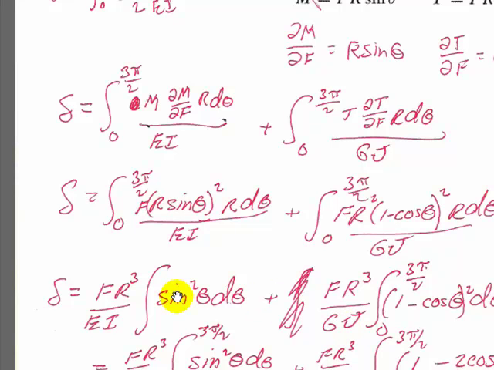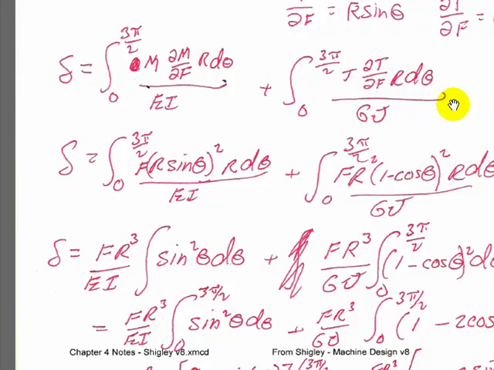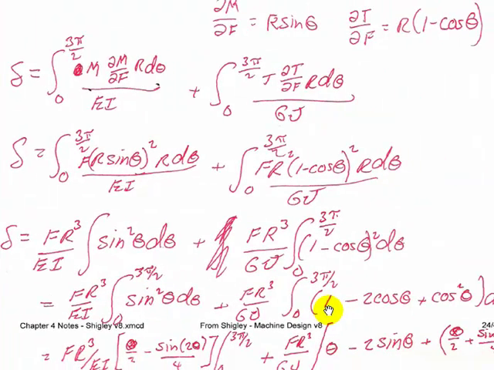We're left with a sine squared here, and a 1 minus cosine of theta quantity squared here, so we can take this 1 minus cosine squared term and perform FOIL on it to expand it into a 3-term piece. On this one we'll have to integrate the sine squared, and on this one we'll have to integrate a constant, a cosine, and a cosine squared.